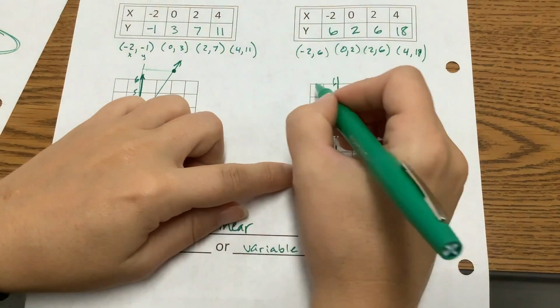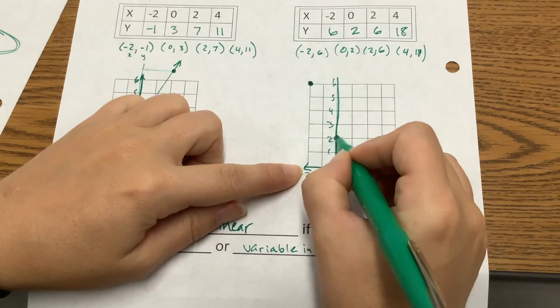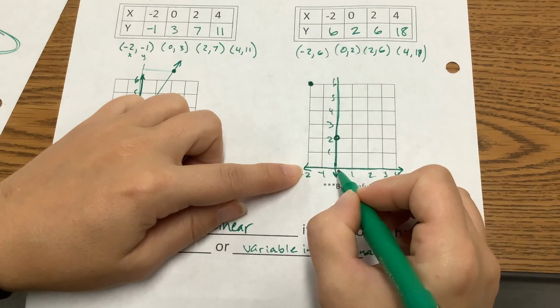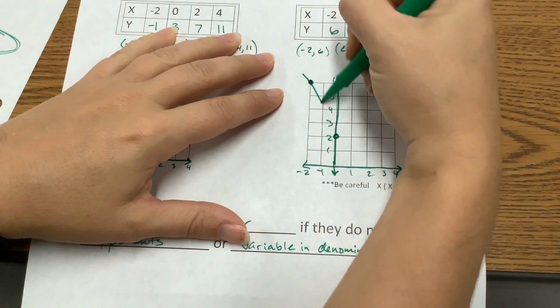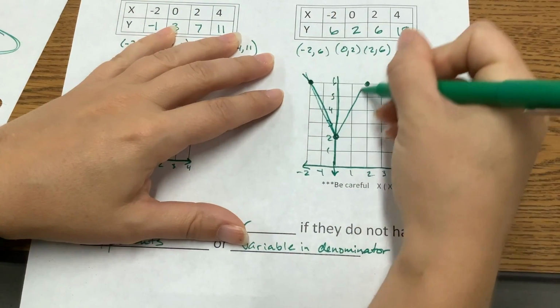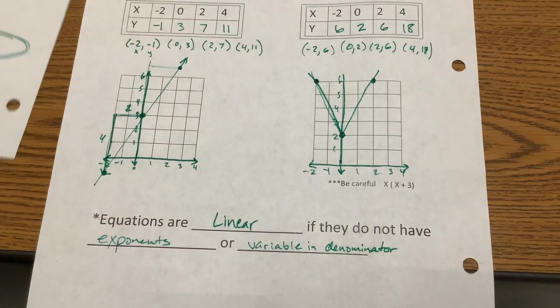So this first ordered pair is going to be here at the top, (-2, 6), (0, 2), and (2, 6). And you see that this, in fact, is not a straight line.